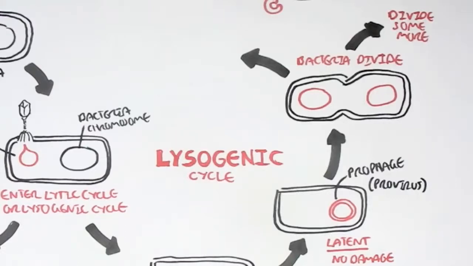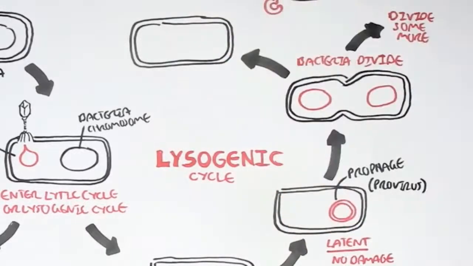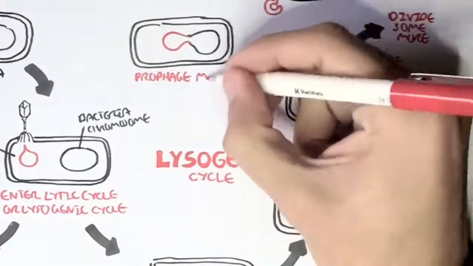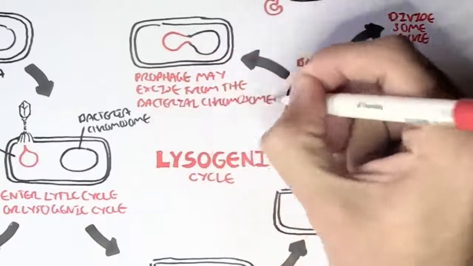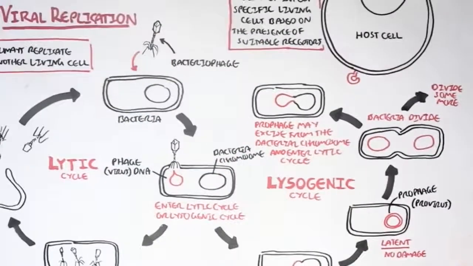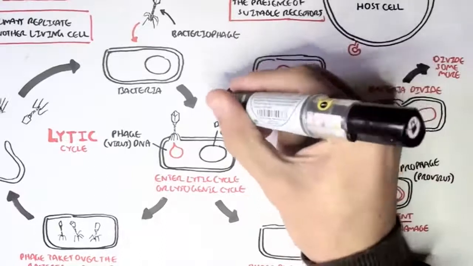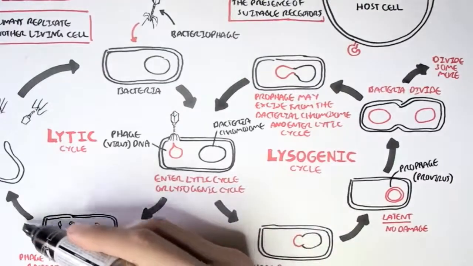This can keep occurring, the bacteria can keep dividing, and phage DNA can keep being copied, until one day the phage DNA decides to move out of the bacterial chromosome. So the prophage, the phage DNA, may excise from the bacterial chromosome, and then it can enter the lytic cycle. Because it's out of the bacterial chromosome, it can then enter the lytic cycle and cause the bacteria to burst. I hope that makes sense.